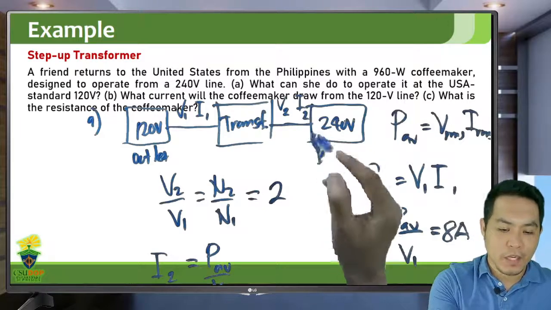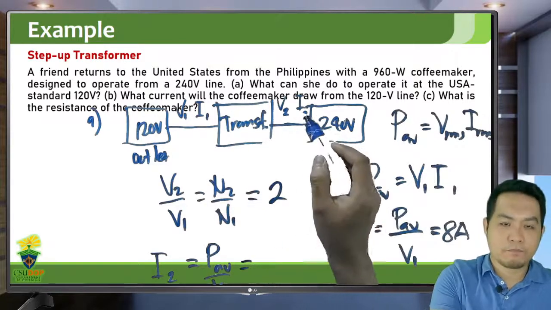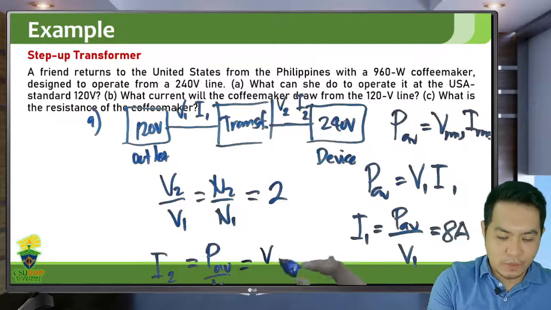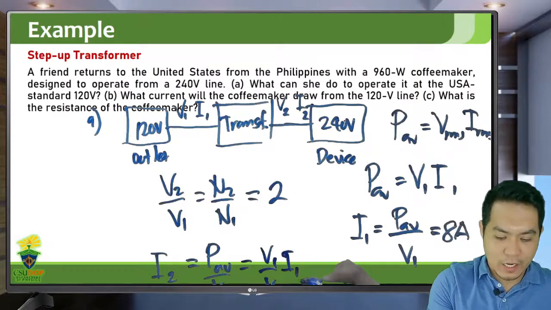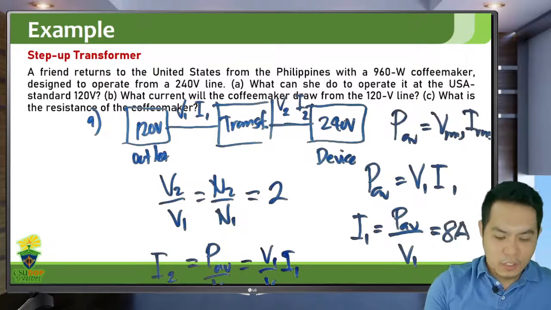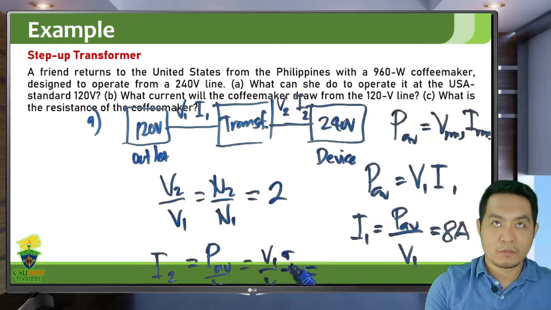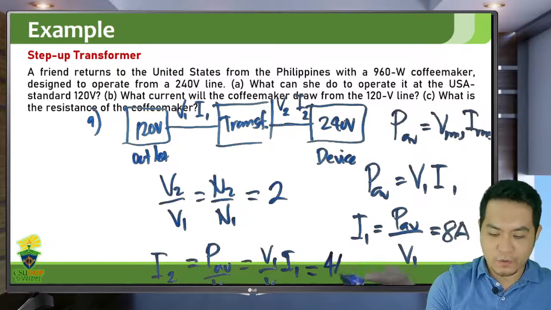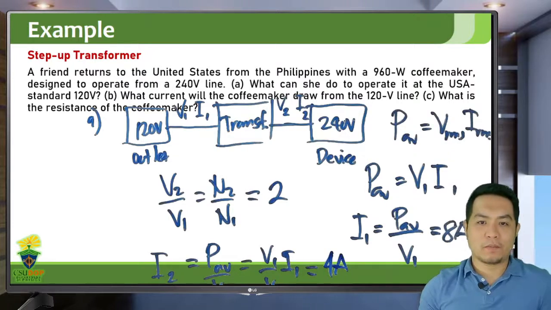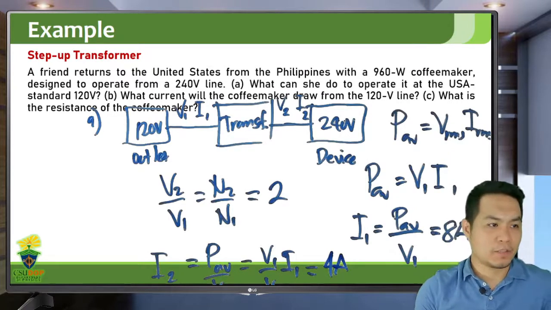Given I1, it's just V1 over V2 times I1. You will still get the same result, 4 amperes. So this is the secondary current, 4 amperes.